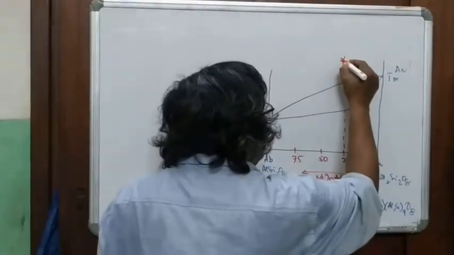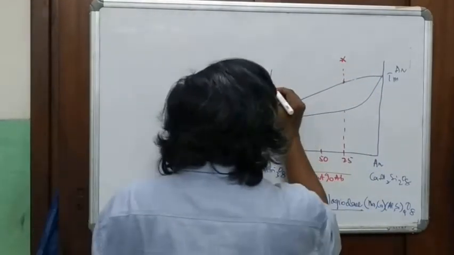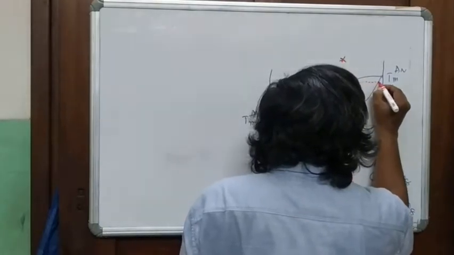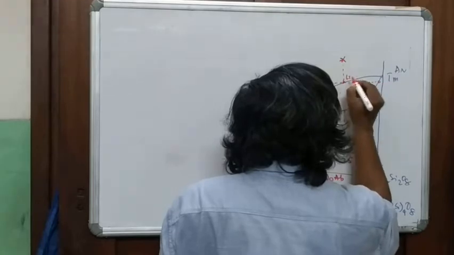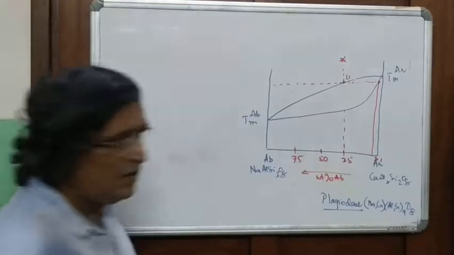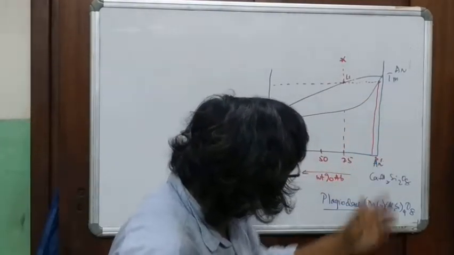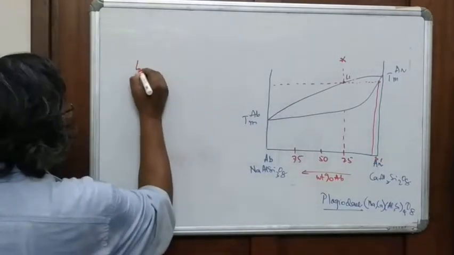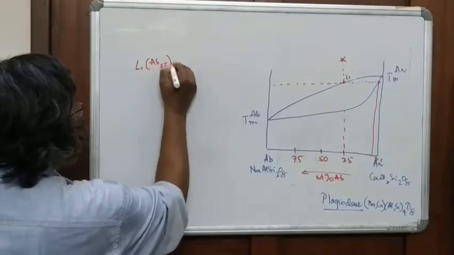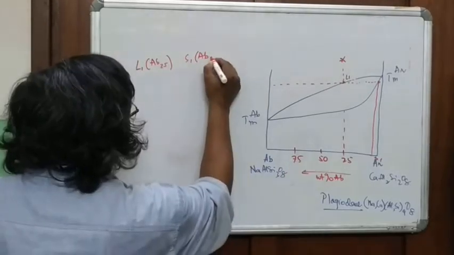Once the temperature reaches the solidus, if you extend the isotherm to the solidus, this will be the composition of L1, and this will be the composition S1. So you can see L1 is albite 25 and S1 is albite, say, 5 here.